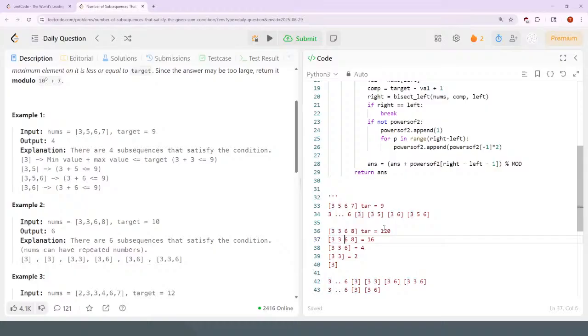Zero, 1, 2, 3. Should be 8, 4, 2, 1. I'm missing the pattern here. 3, 3, 5, 3, 5, 6, 3, 6.